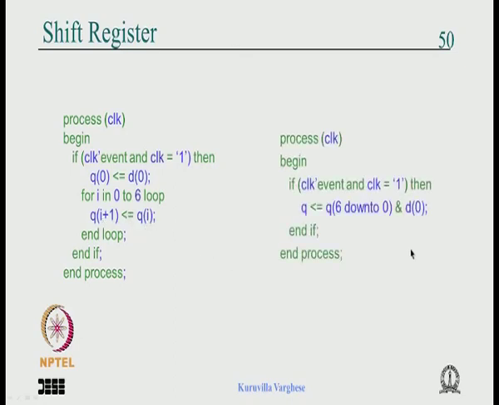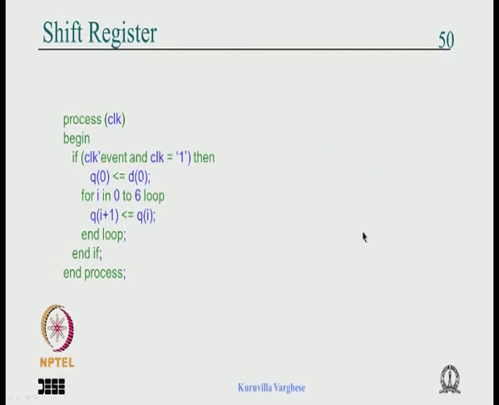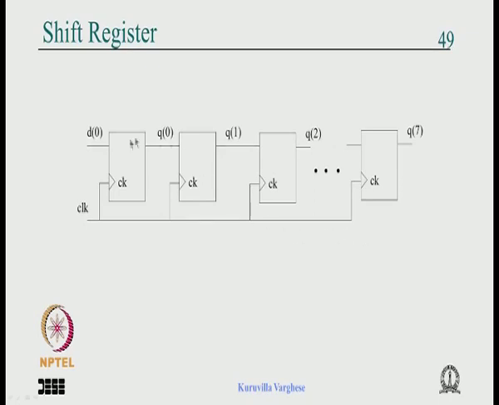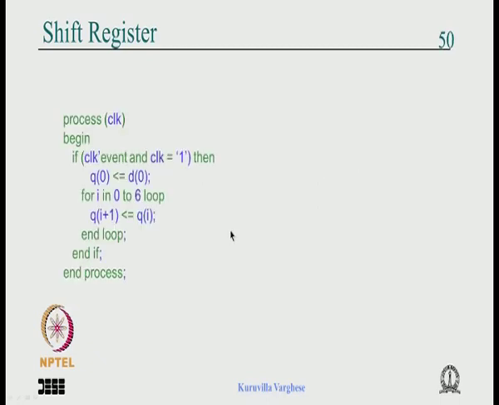But you could also write it like this: Q, which is 7 down to 0, gets Q(6 down to 0) concatenated with D0, and in one shot you get it. Like I said, you could show that as a single flip-flop with thick lines, where the output is Q and the input is Q(6 down to 0) and D0.